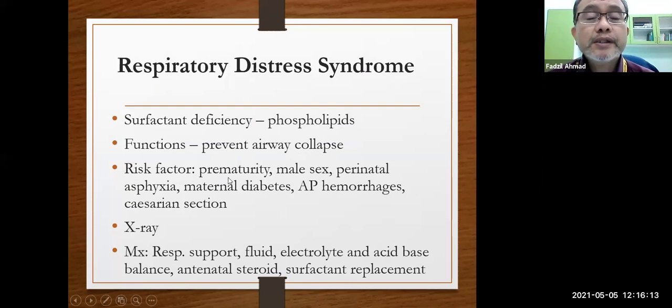The risk factors are prematurity, male sex, perinatal asphyxia, maternal diabetes, antepartum hemorrhage, and cesarean section. Diagnosis is by X-ray. Management includes respiratory support, fluid and electrolytes, acid-base balance, antenatal steroid, and surfactant replacement. The key is the surfactant replacement.